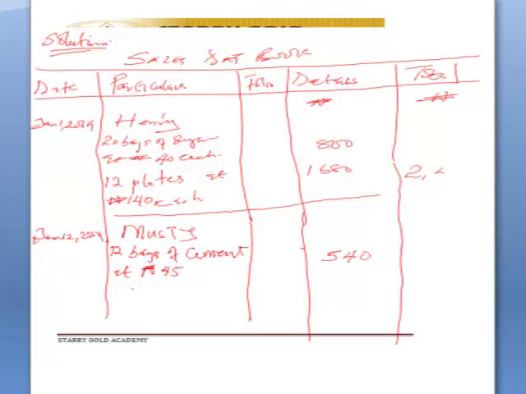And here we have 5 packets of tea at 15 naira, so 15 times 5, and that is 75.